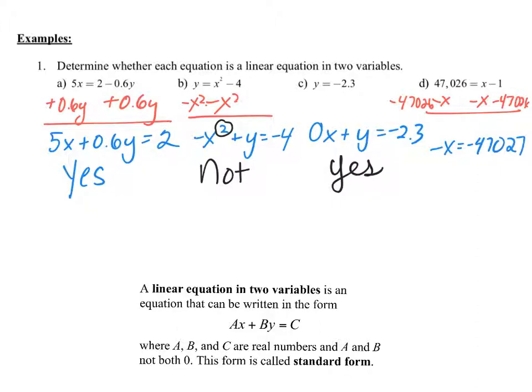We can then write this equation in standard form as negative x plus 0y equals negative 47,027. So we can say, yes, this is a linear equation in two variables.